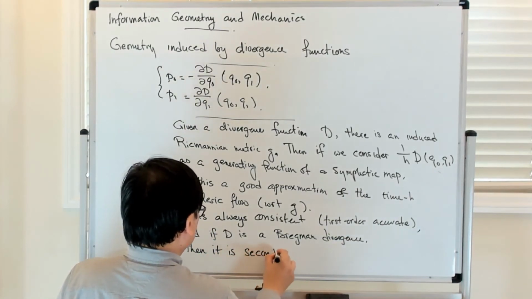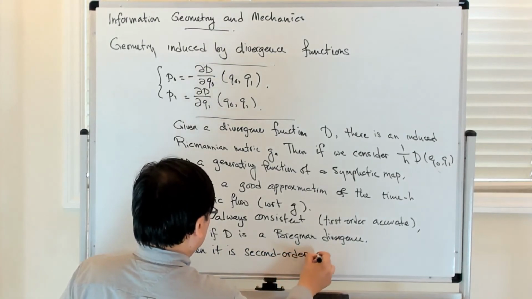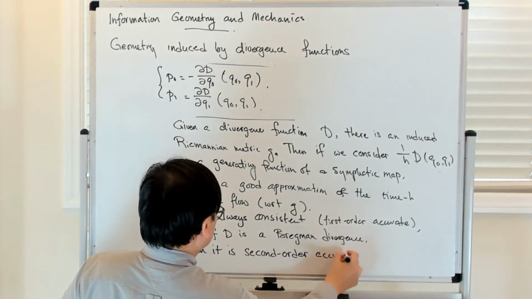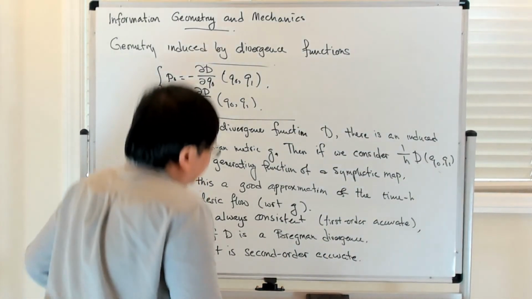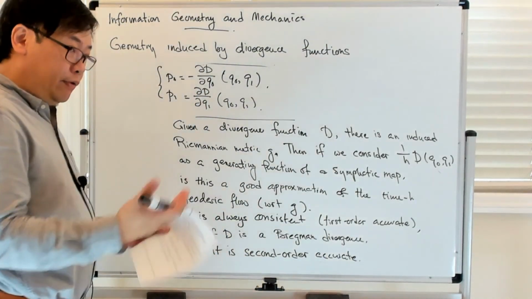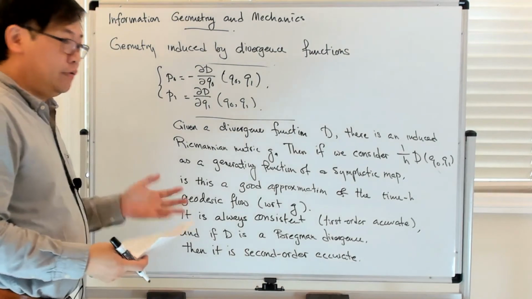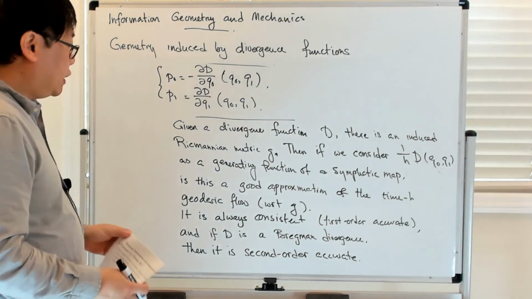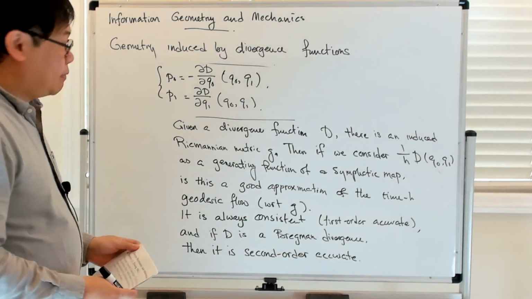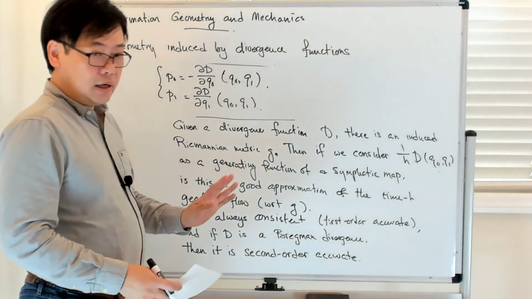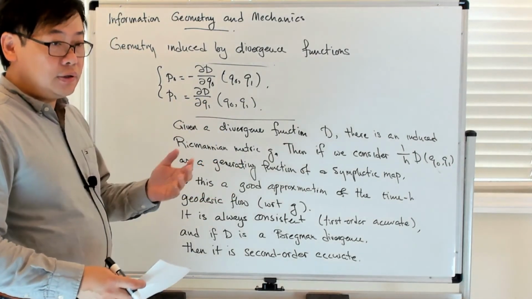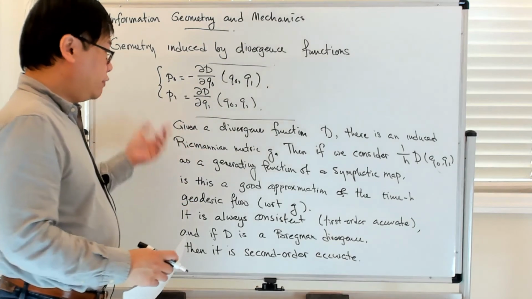So what is the take-home message here? For example, we were working with Fisher-Rao metrics and KL divergence. As we recalled last time, KL divergence induces Fisher-Rao as the associated Riemannian metric.